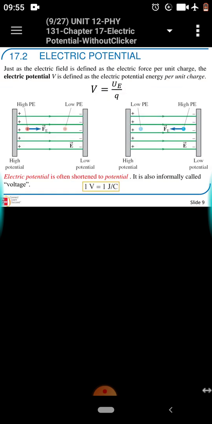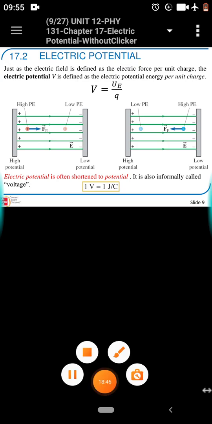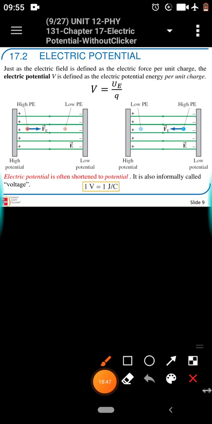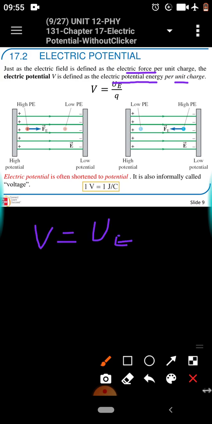All right, so electric potential, just as the electric field is defined as force per unit charge, the electric potential V is defined as the electric potential energy per unit charge. This is a statement in a formula, and this is what it means.